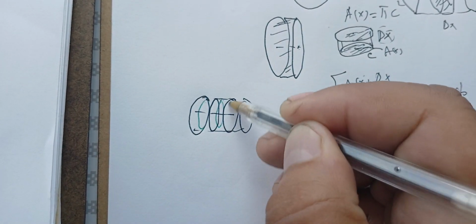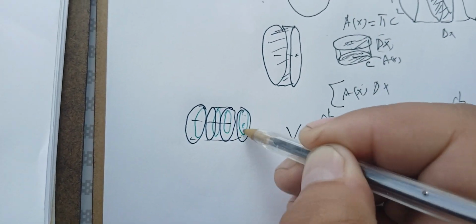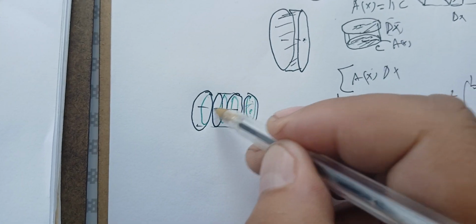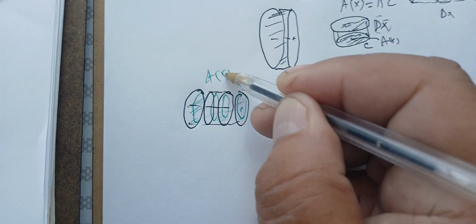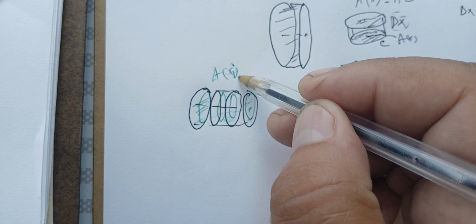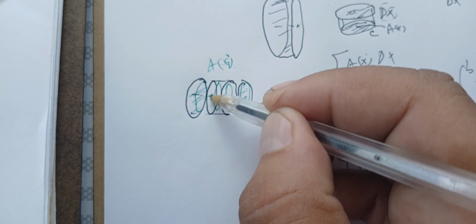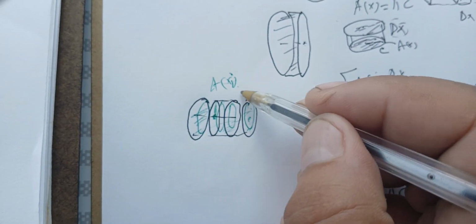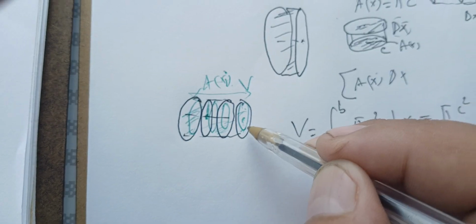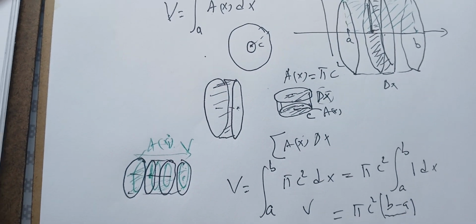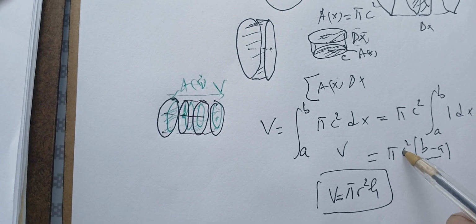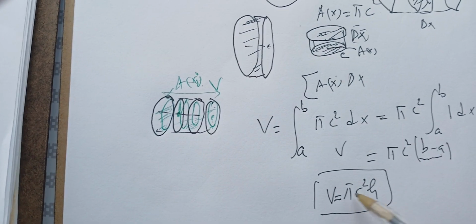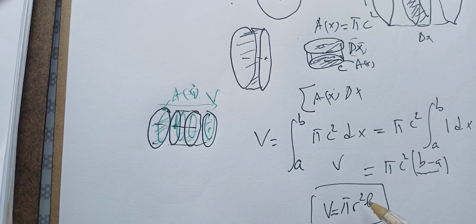Once we add these cylinders, the cross-sectional areas, A of x sub i, where the radius is the radius of the cross-sectional area, we obtain the volume. And that was the aim of this video. So the volume in this case is pi c squared times (b minus a), and we can write it this way, and this proves the volume of a cylinder.